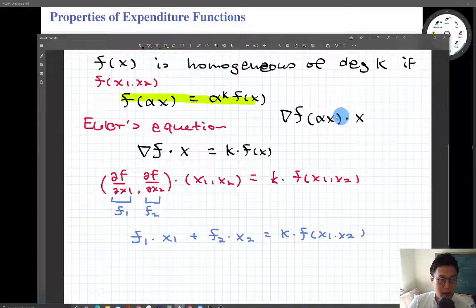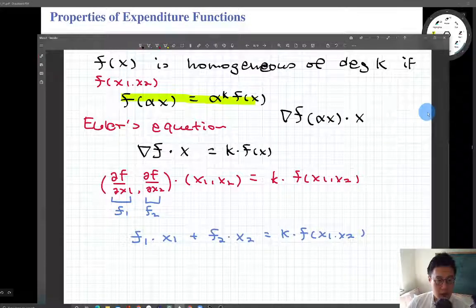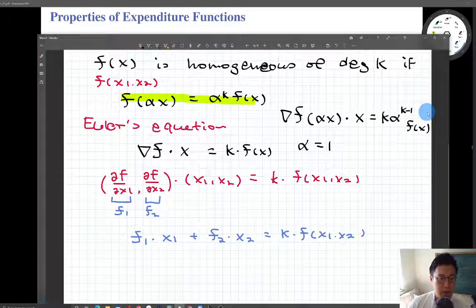And on the right-hand side, the derivative is k alpha to the power k minus 1 times f of x. All right, and then substituting 1 for alpha gives us this. So 1 to the power k minus 1, no matter what k is, is 1, and we have this.